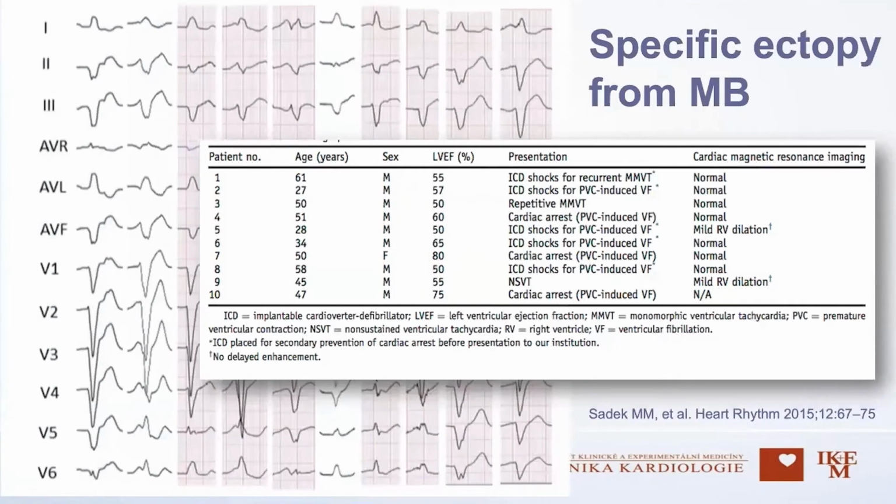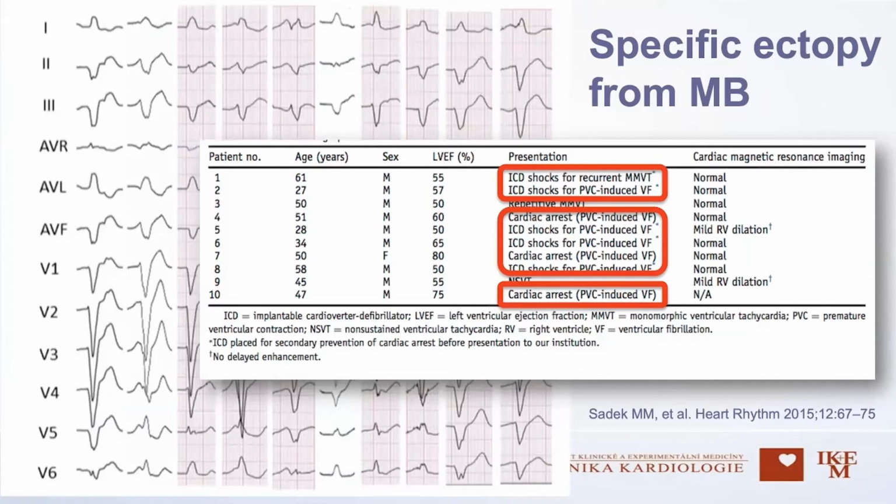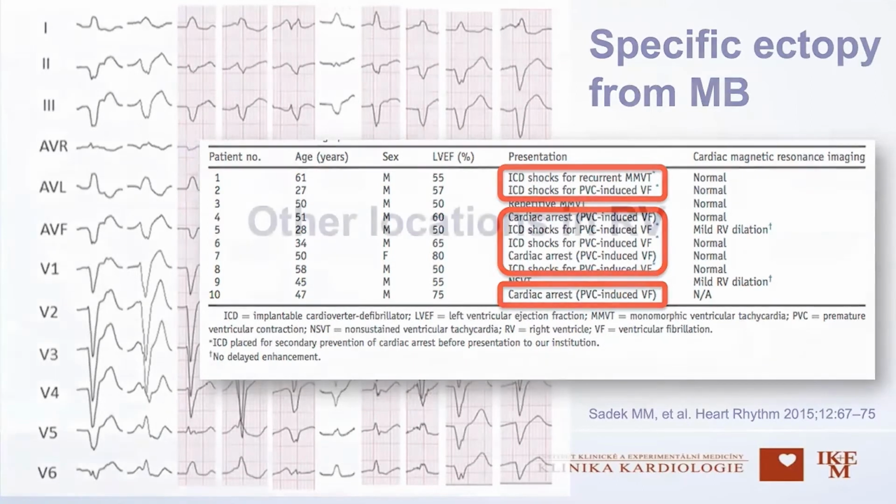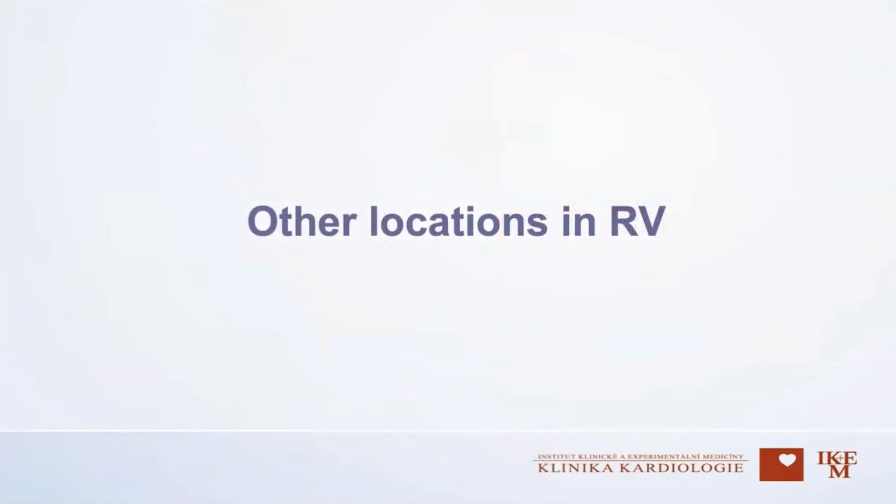What is interesting is that in this group they found that a lot of these ectopic beats create not only monomorphic VT, but also focally triggered ventricular fibrillation, and you can ablate this source of origin of this ventricular fibrillation.